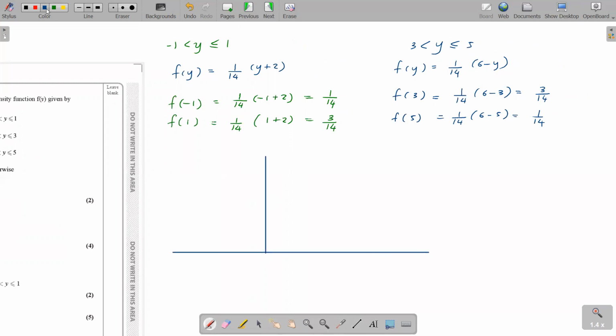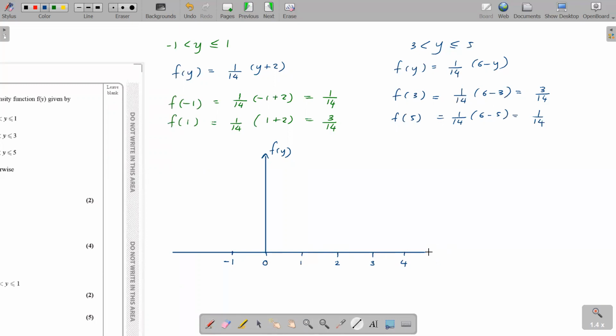Okay, starting y value. Now here the y value means the x, okay? Because fy is the y axis. So here the y is the x axis. So here we go until 5. So -1, 0, 1, 2, 3, 4, and we'll go until 5.